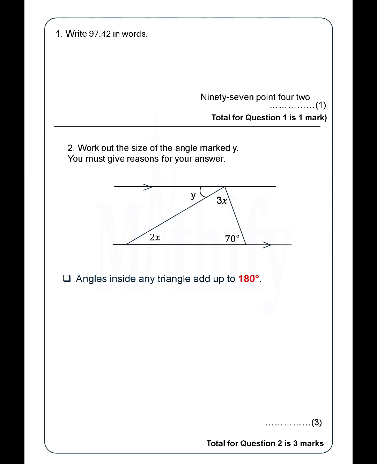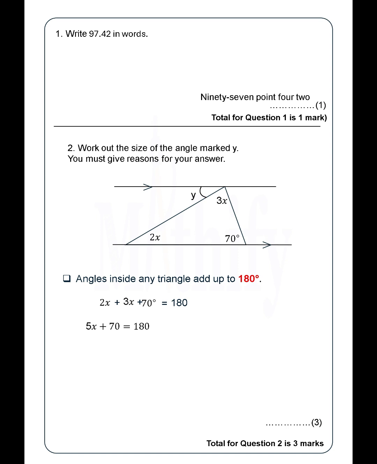Now let's add all the angles in the triangle together. So 2x plus 3x plus 70 degrees is equal to 180 degrees. Let's simplify. 2x plus 3x is 5x, plus 70 equals 180.